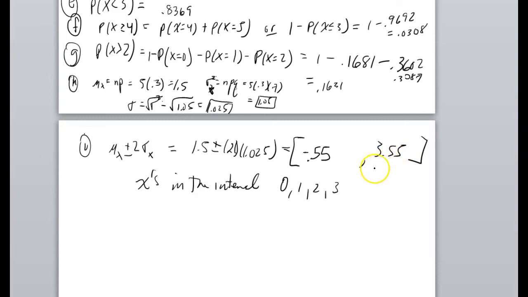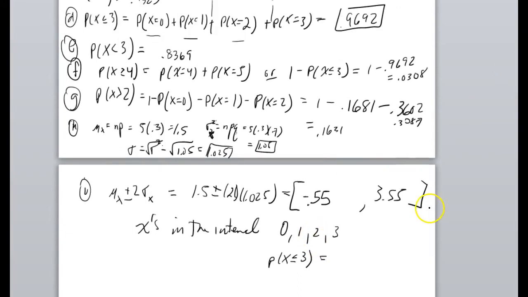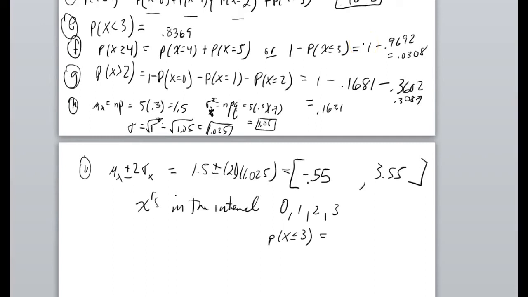Because 4 is not in this interval and 5 is not in this interval. So really it's just asking us, what's the probability that x is less than or equal to 3? I think we already did that, right? So that's up top here. We calculated that out to be 0.9692. So that's that.